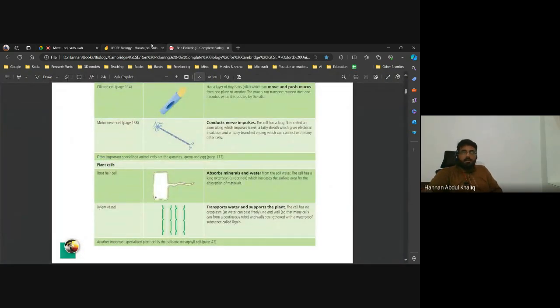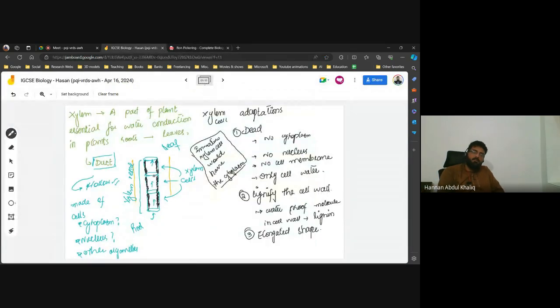And another thing, these are fused from here. They are fused, meaning there is no end wall. This is the fourth feature. No end wall. End wall means that these cells are common from inside.